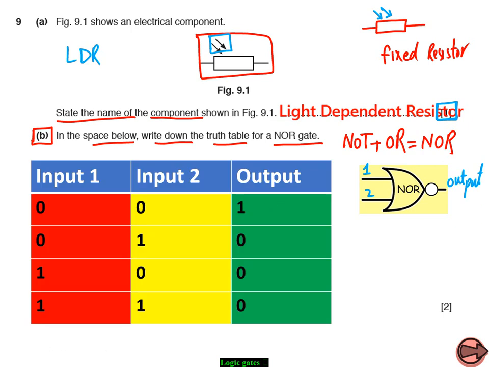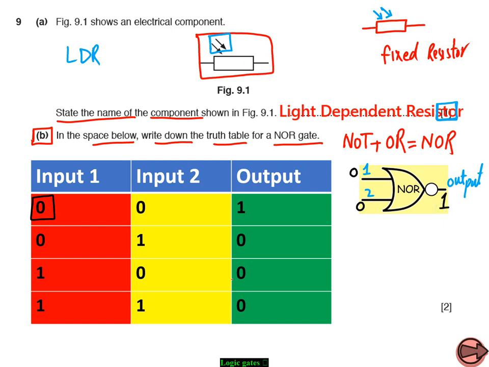As you can see here, I already drew this table for you. In this table, we can see that if one input is 0, let's say when this input is 0 and this input is also 0, the output will be 1.